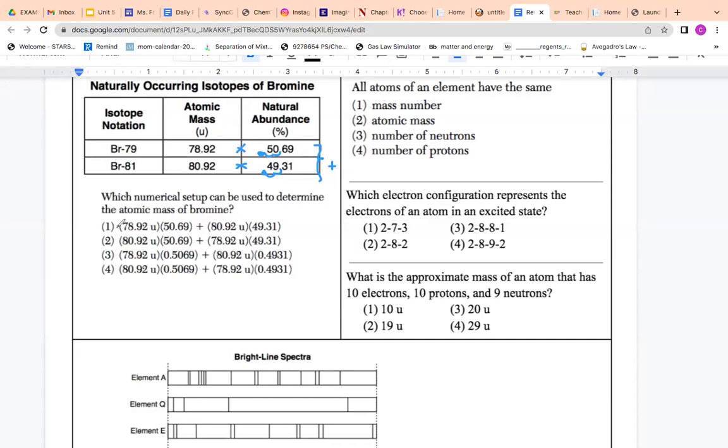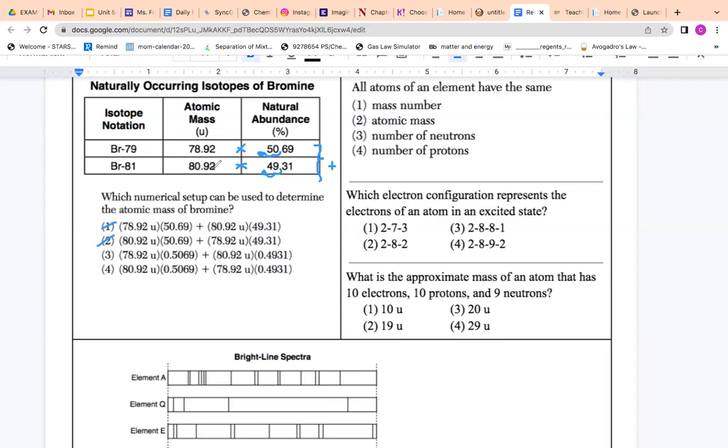First of all, I know that I can eliminate choice 1 and choice 2. I can see that the abundances right here and right here have not been converted to decimal form. So these are out. Next one, we want to make sure that everything matches up. I can see 78.92 u times 0.5069. So this one matches so far.